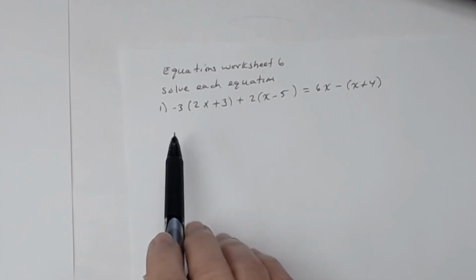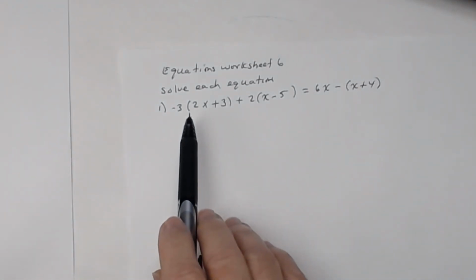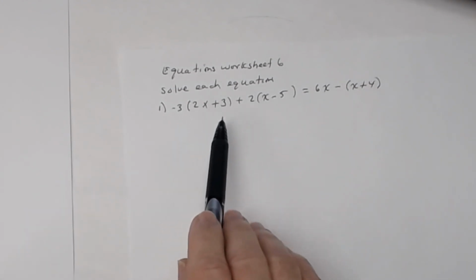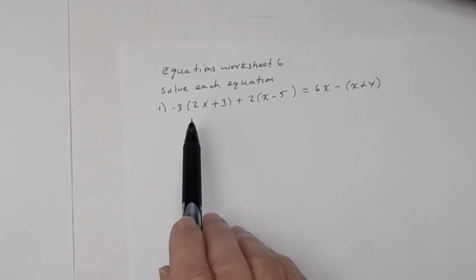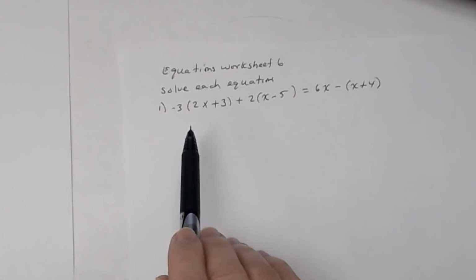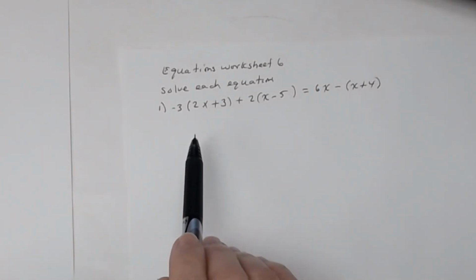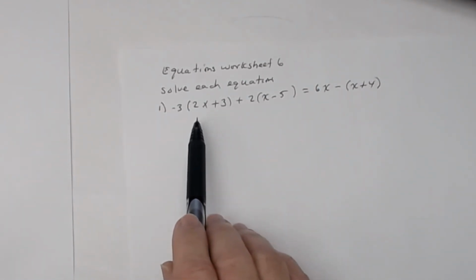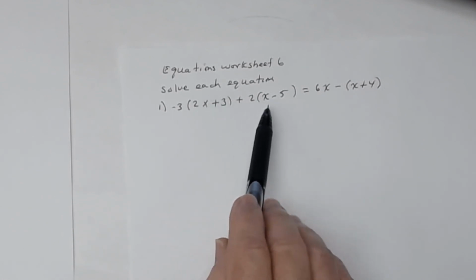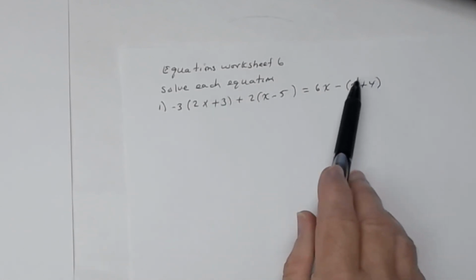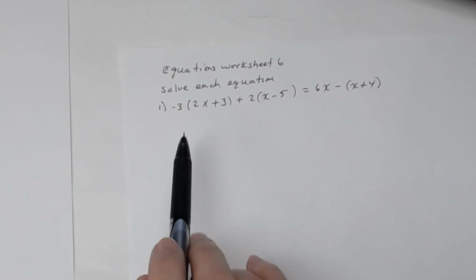Now, when solving any equation, sometimes the first step may be to use the distributive property to get rid of those parentheses, because I have some parentheses here, here, here, and here.